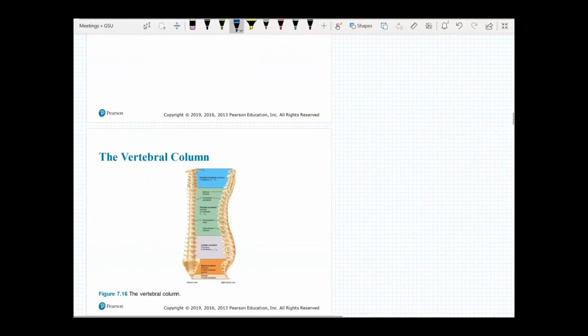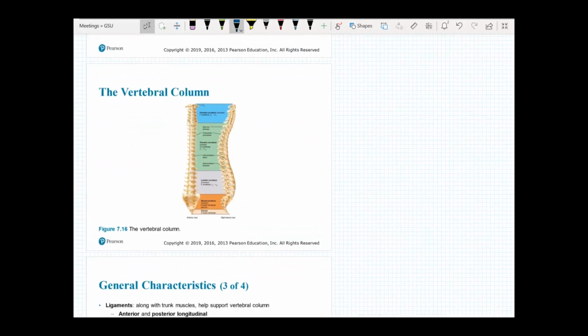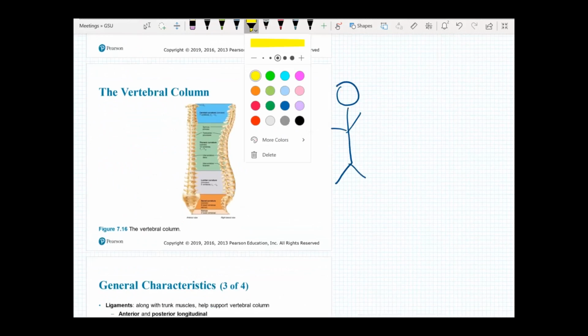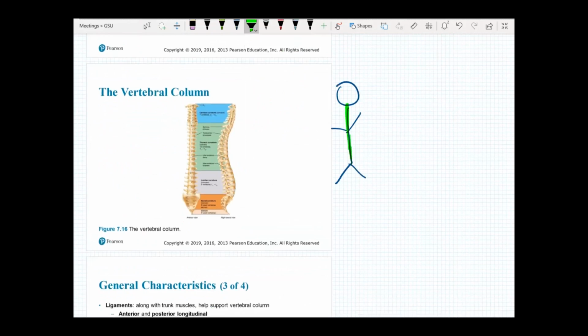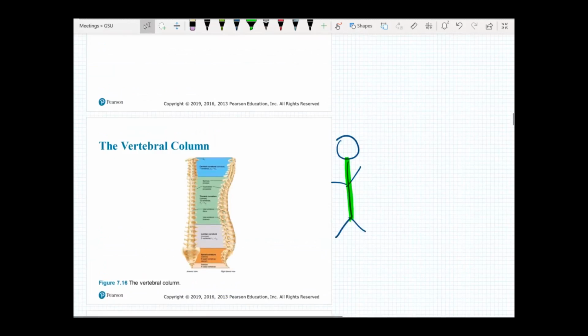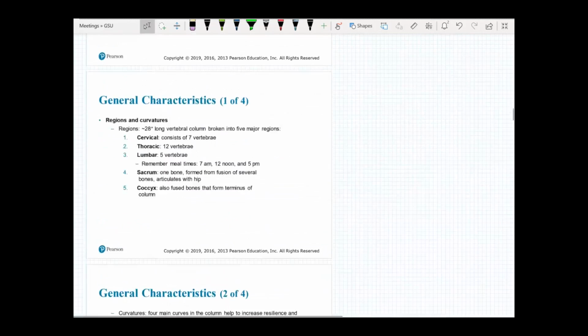When we're looking down here at your vertebral column, essentially this is our lovely little stick figure right here. Your vertebral column comes down your backbone all the way down. It's very organized in a very specific way.